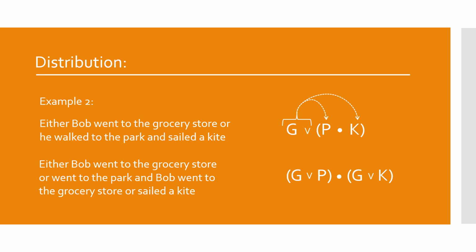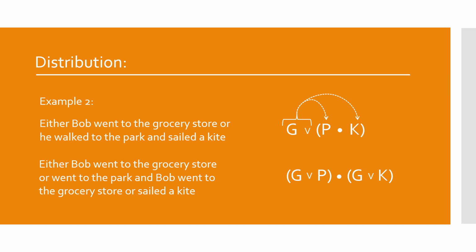So instead of saying either Bob went to the grocery store or he walked to the park and sailed the kite, I can say either Bob went to the grocery store or went to the park, and Bob went to the grocery store or sailed a kite. And notice the distribution rule allows me to just take the G plus the operator or and put it together with the two terms that are connected by an and into their own individual statements or disjunctive statements.